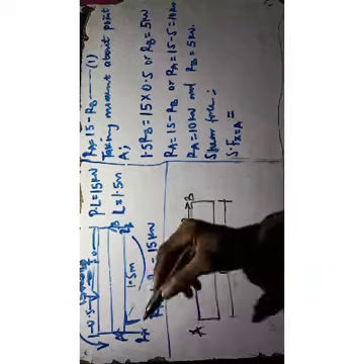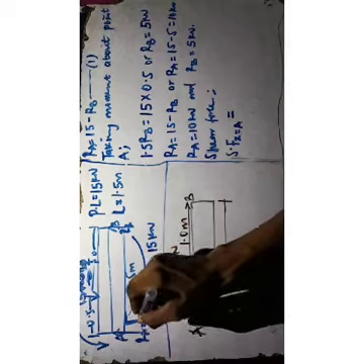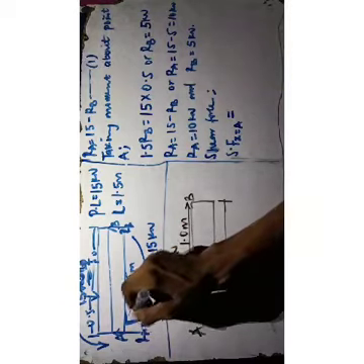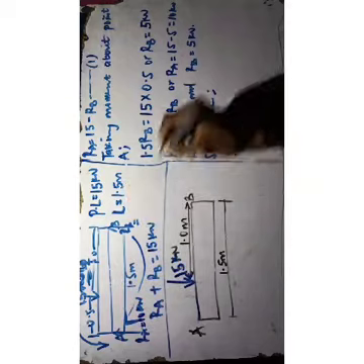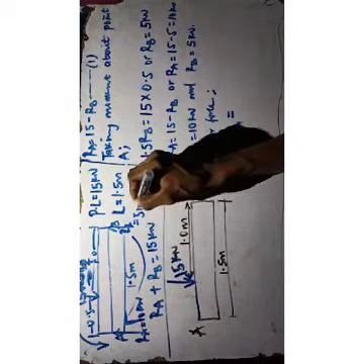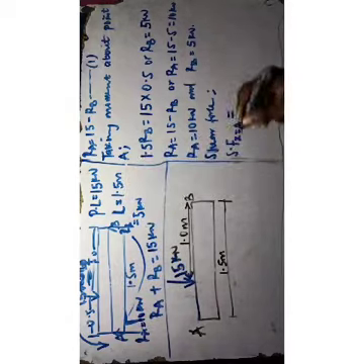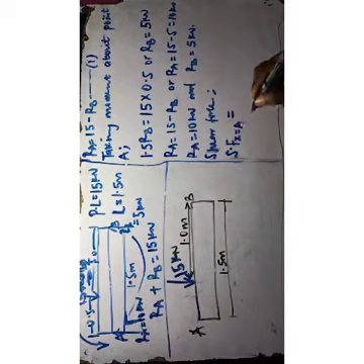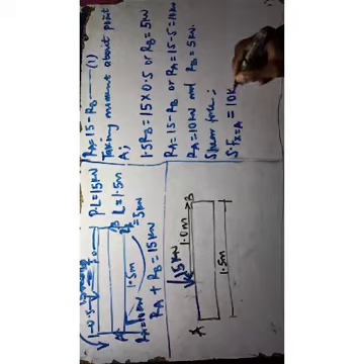RA is now 10 kilonewton. Then RB is what? 5 kilonewton. So the shear force at point A will be equal to 10 kilonewton, because it's equal to RA.